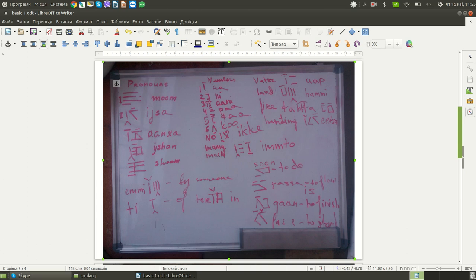So emmi, by, t, of, and ter, in. You can see that letters can connect, but they can't connect when there is an ambiguity. The simple rule is that letters can't connect when there is an identical element in the end of the previous and in the beginning of the next letter.